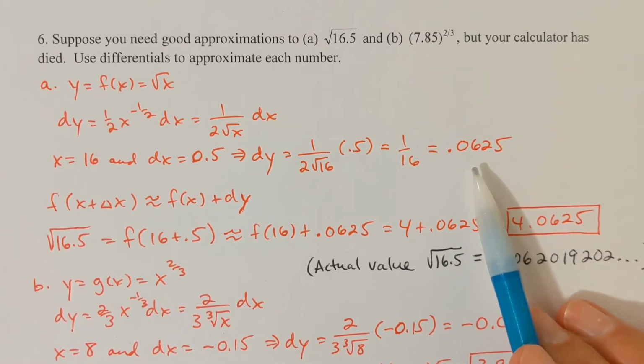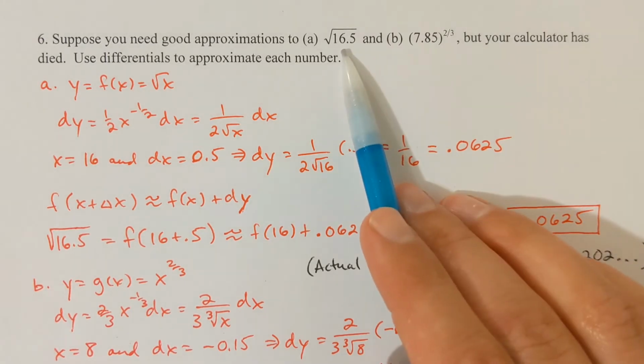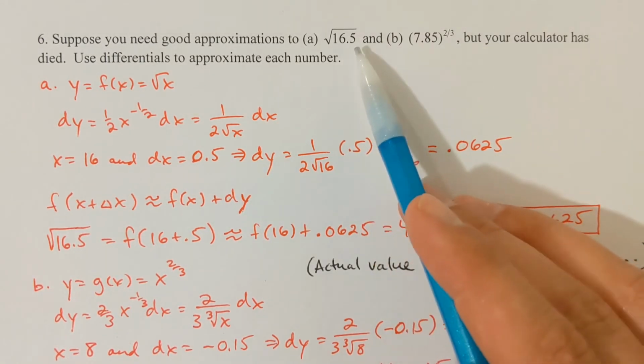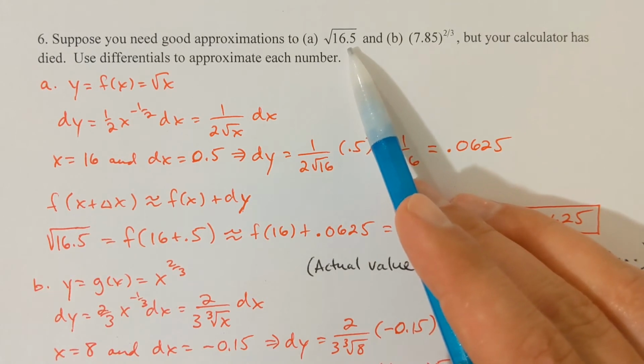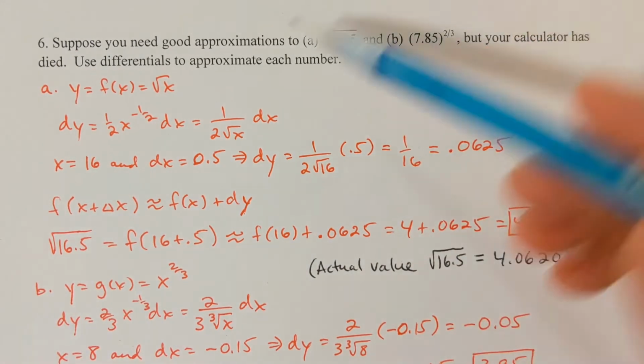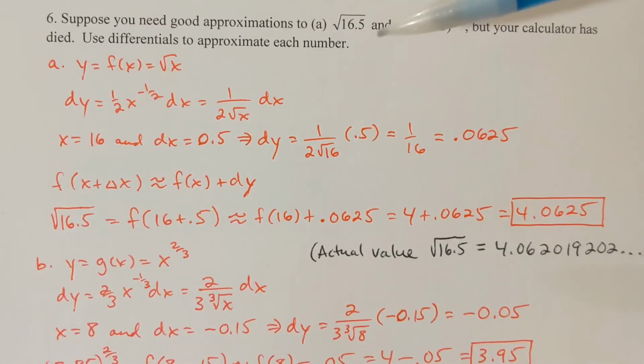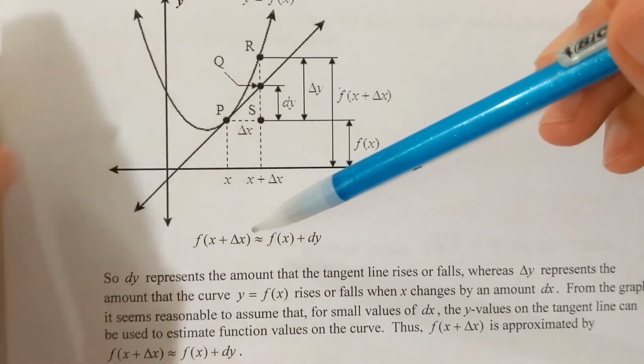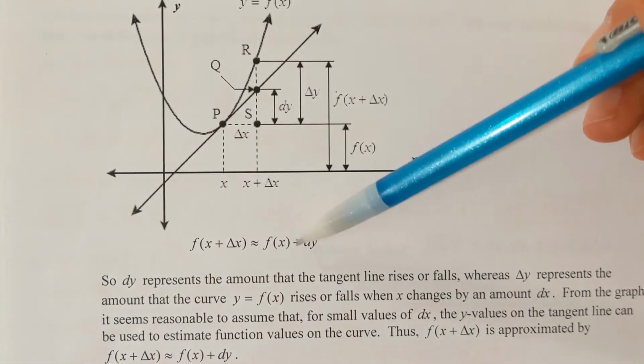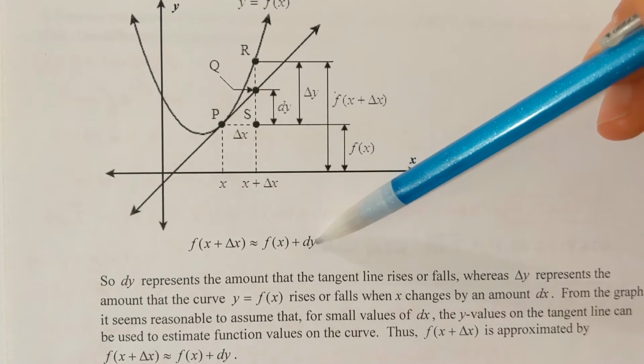Now, I would like to know the value of the square root of 16.5. Of course, it's going to be more than 4, right? Because the square root of 16 is 4. But I need to get a good approximation of this number. Well, I'm going to be using this formula here. f of x plus delta x is approximately f of x plus dy.